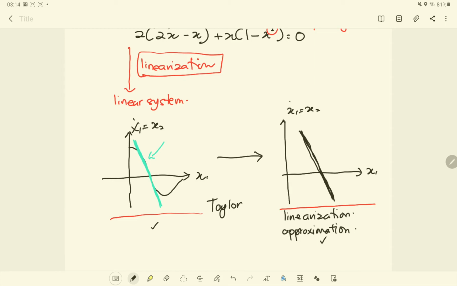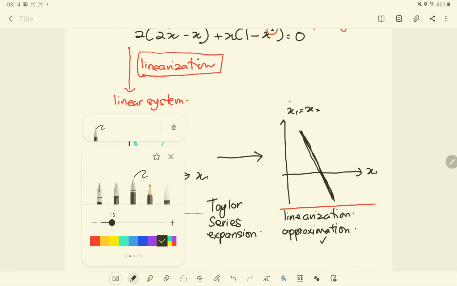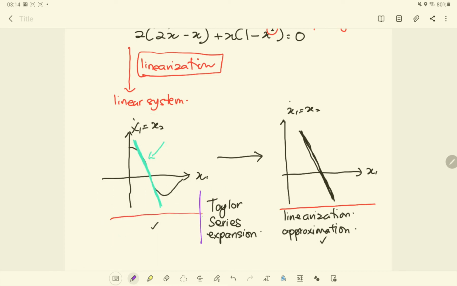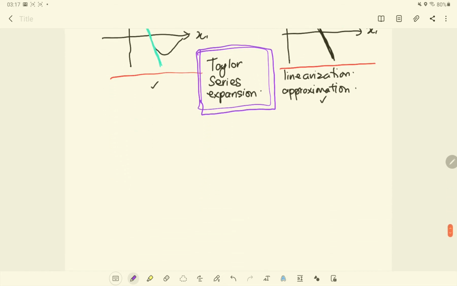Taylor series expansion. Okay, Taylor series expansion. So what is the Taylor series?